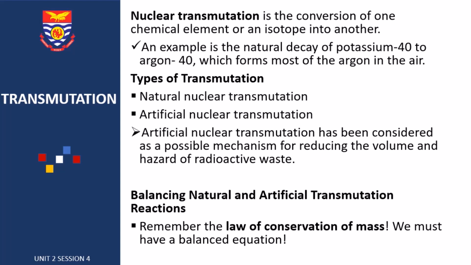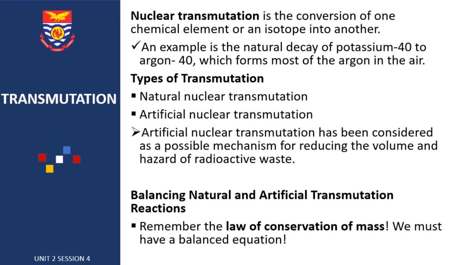Another example of natural transmutation is the bombardment of elements by cosmic rays, for example, to form carbon 14, and occasionally it occurs from natural neutron bombardment.